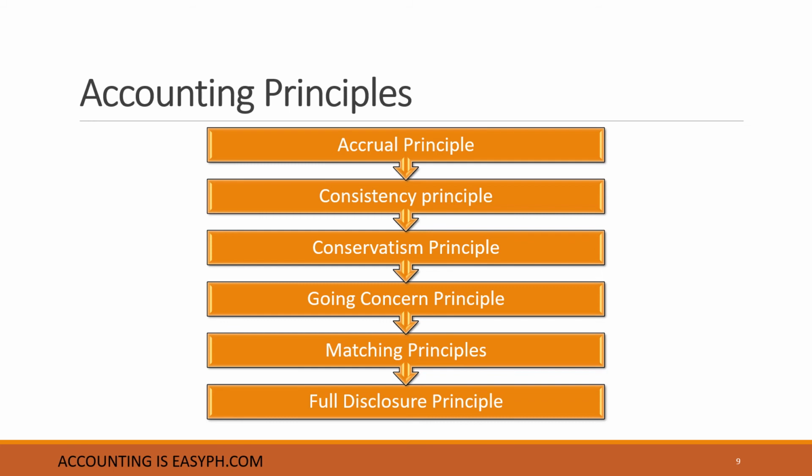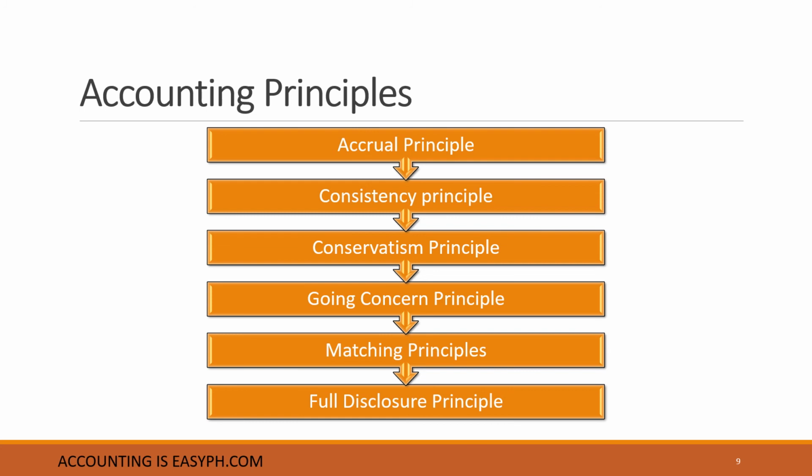The fourth principle is the going concern principle. Here, a company would go on operating for as long as it can in the foreseeable future. So, the going concern principle is also a reason why the company may defer its depreciation or similar expenses to the next period of time, since we assume that the business will continue for several years.